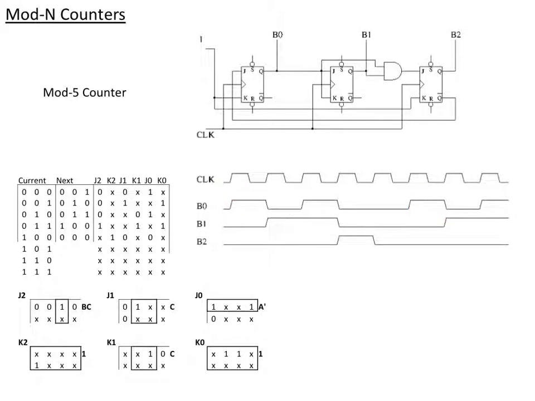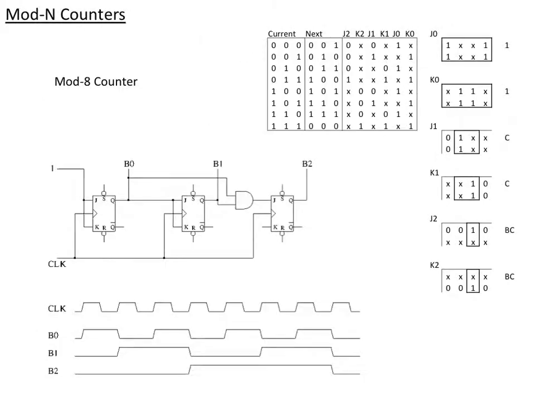So I go, well, I started with 0, I go 1, 2, and then since Q2 is still off, the Q bar feeds back and I turn on. So 1, 2, 3. Now finally, both of these are on at the same time, and that feeds in to turn on Q2, but it immediately turns off. These other two have turned off, and I've gone 0, 1, 2, 3, 4, 0 again. So that's how I design my Mod 5 counter.